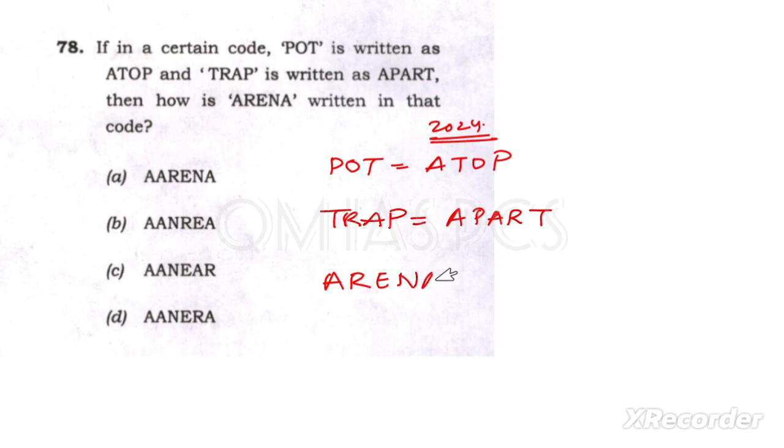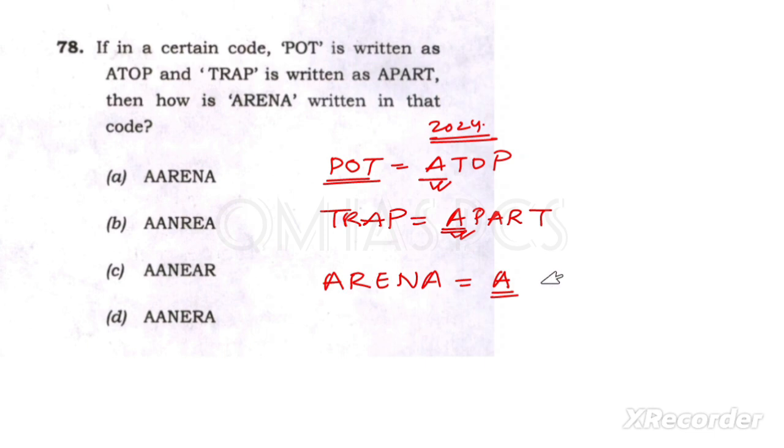Okay, so here what we can see in the beginning, whatever alphabets are given, in the decoding it is A. Here is also A, an extra A. So we can say there will be an extra A in the beginning of the decoding word.